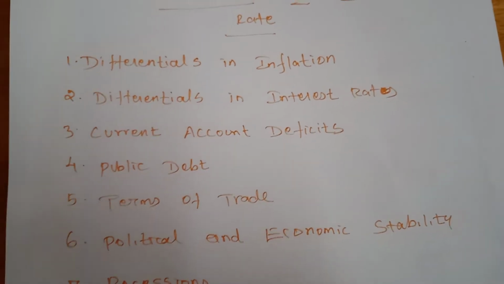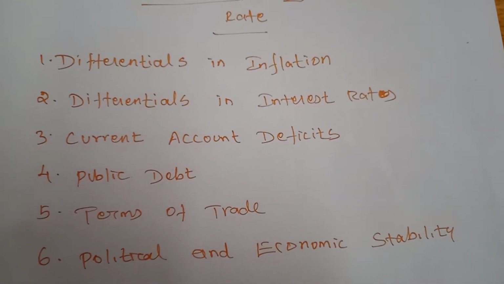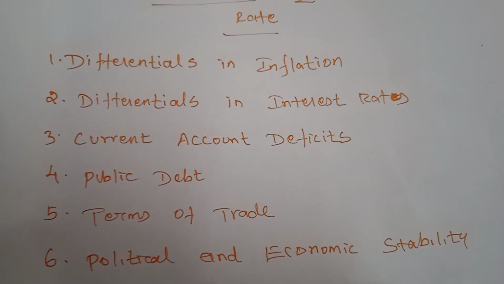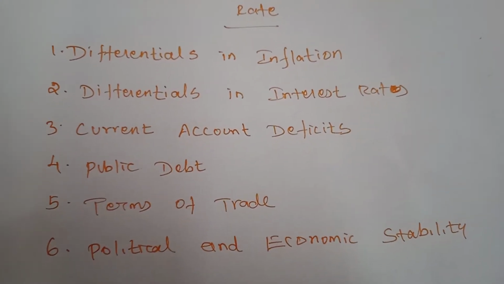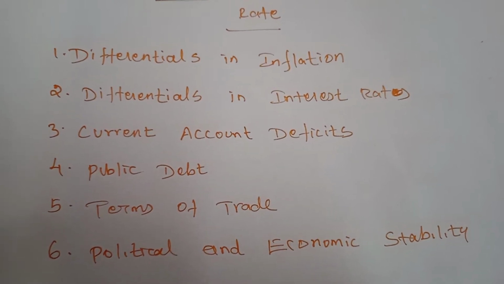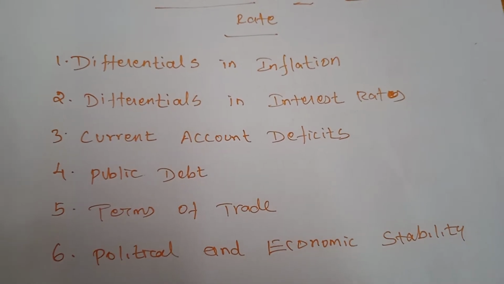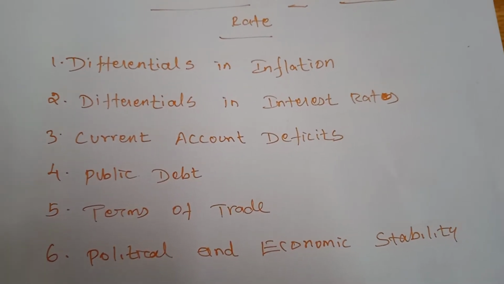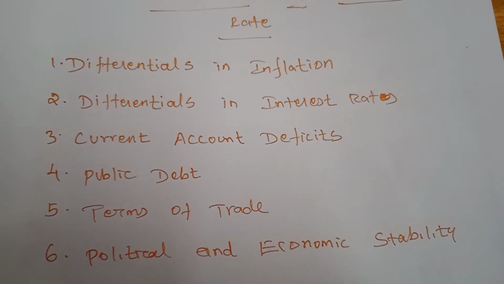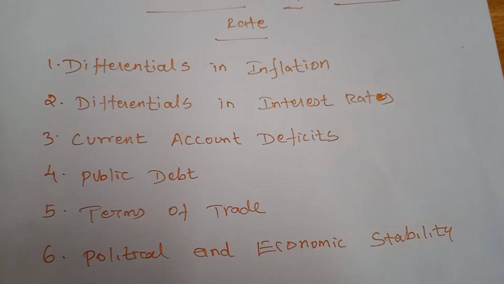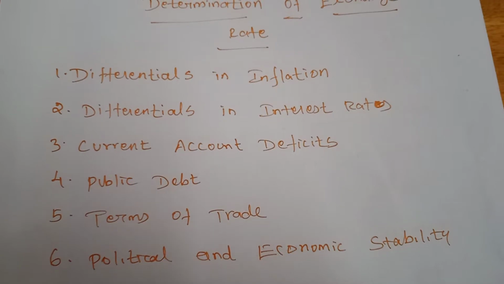When we have inflation, the value of our currency is very low, so all the nations will come to our nation to make imports. Even when we have the chance to make more exports, our value of currency is very low, so we cannot increase our rate of exchange.